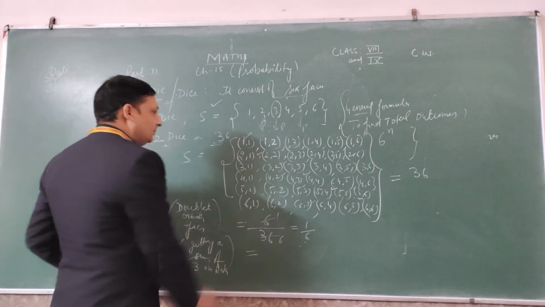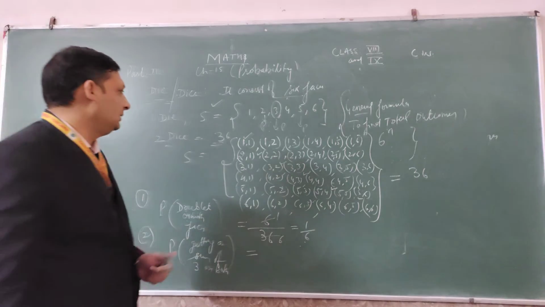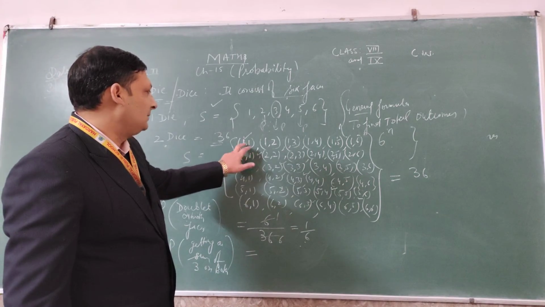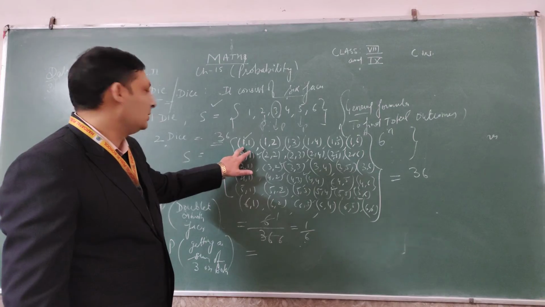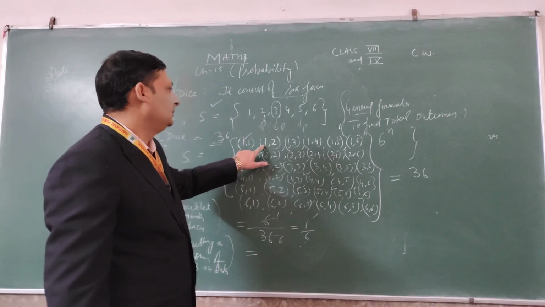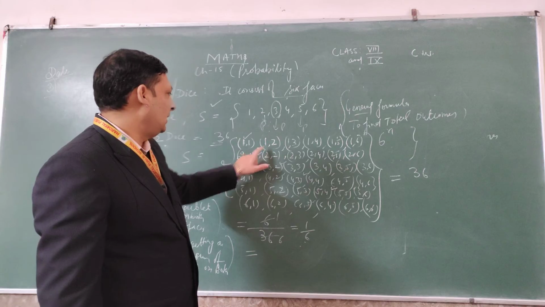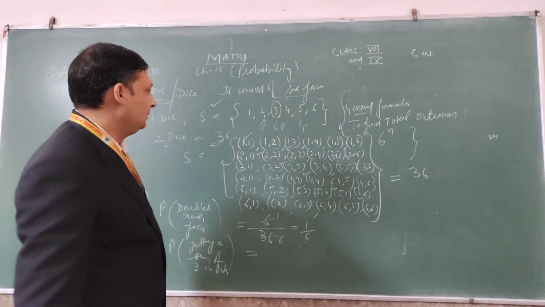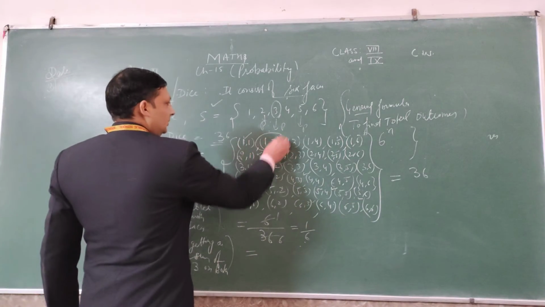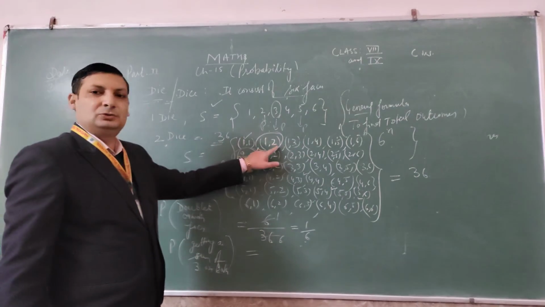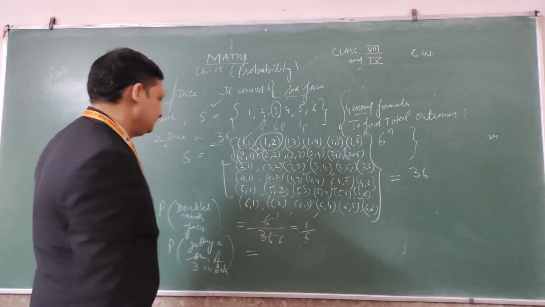So see, count the sum. Which numbers are giving sum 3? So see here, when I add 1 plus 1, it gives 2. It will not give 3. So 2 plus 1 is 3. It means this outcome is giving 3. So 1 plus 2 is 3 and 2 plus 1 is 3.